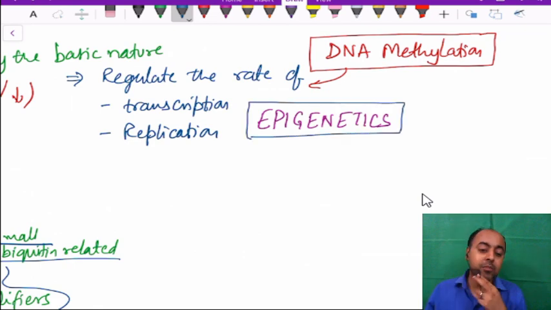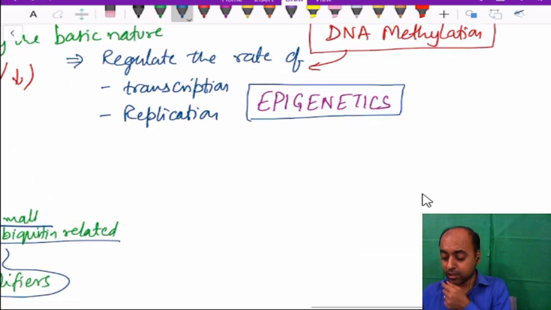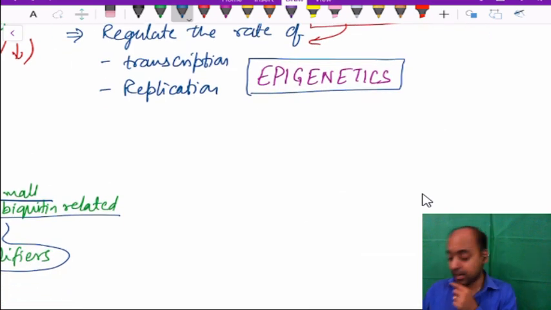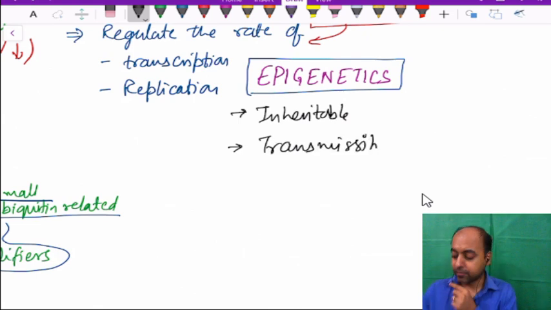So essentially what is happening here, we are altering the interaction between the histone and the DNA, and that is how we are altering the rate of transcription and replication. Please remember that epigenetics is inheritable. The other term used for inheritable is transmissible.